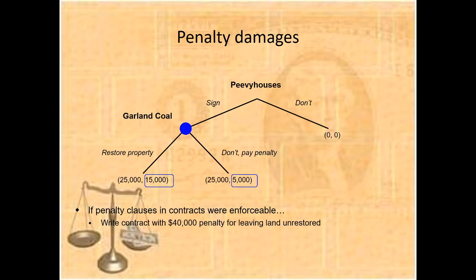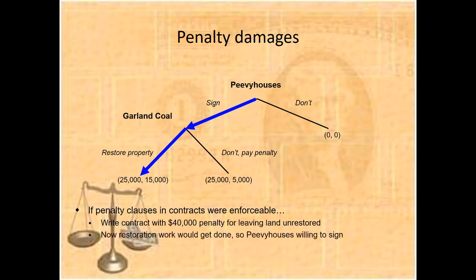If they don't pay the penalty, what happens is that the court will enforce 40,000 and they will be left with only 5,000. So they will actually perform. They restore the property as well as gain profit. So still 15,000 they get out of this restoration work.